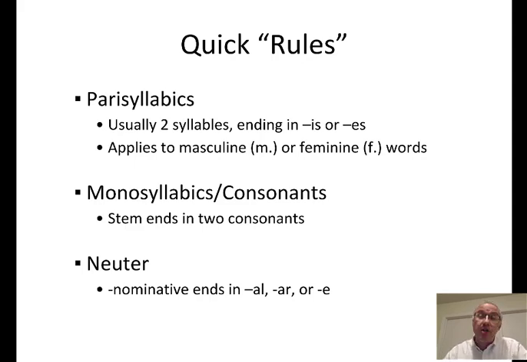And the neuter: the nominative ends in AL, AR, or E. These are your only rules here for I stem nouns. I before E except after C. That's the rule we have. Fairly simple in English, just quirky. This one has a few more complicated rules, but the end result is not that complicated.